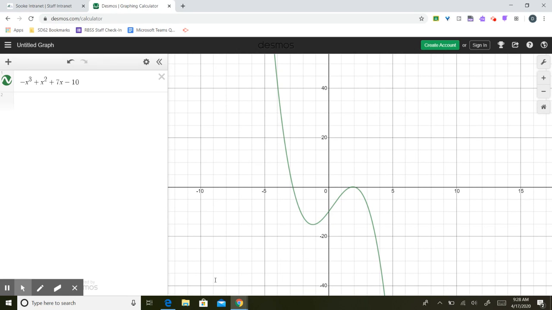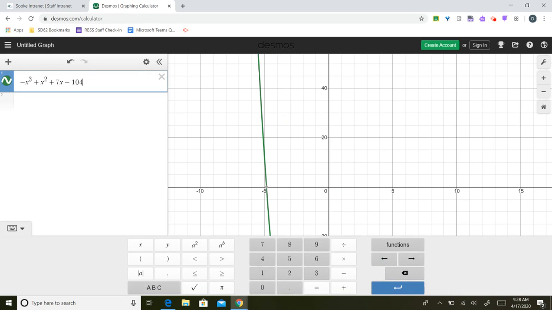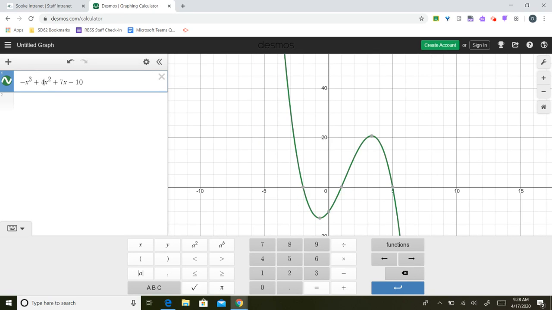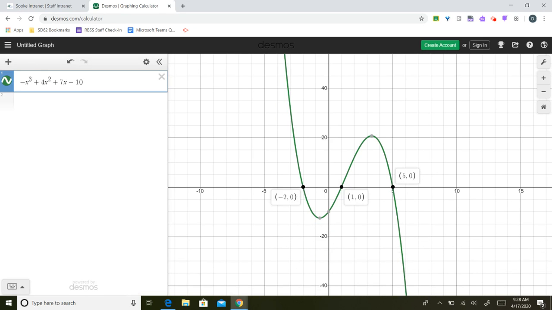It's supposed to be a 4 there. There we go. Oh my gosh. Sorry, everybody. There we go. There are our x-intercepts, okay? And so -2, 1, and 5.